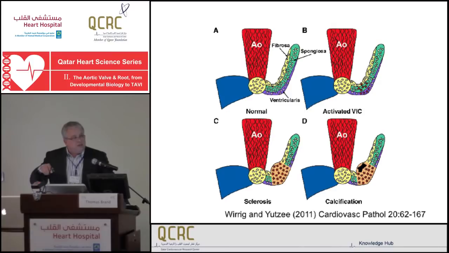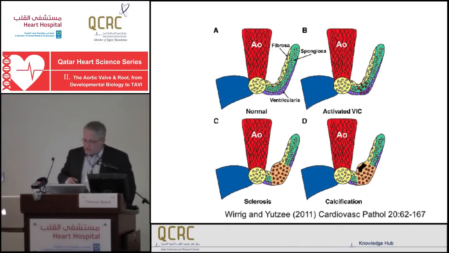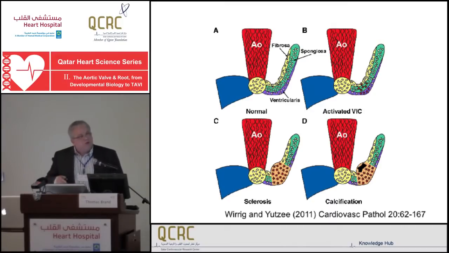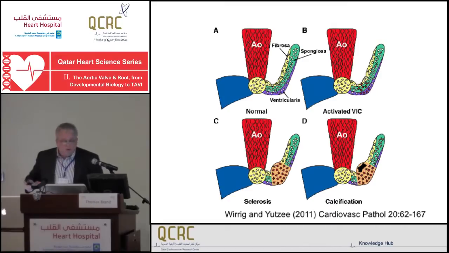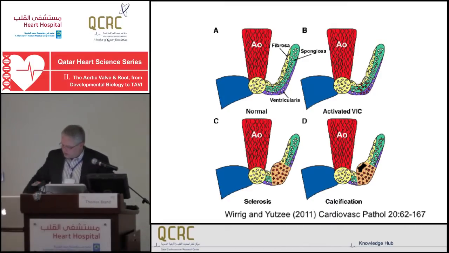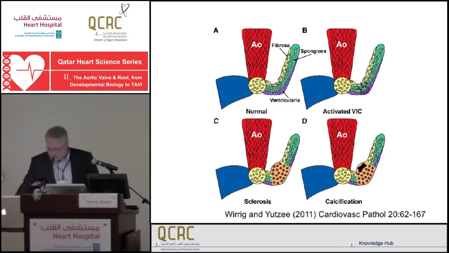And just as an introduction to the more disease-oriented talks, clearly the valve can change its fate due to multiple reasons. There will be an activation of a pathway that involves a different program, particularly the accumulation of calcification in the valve.